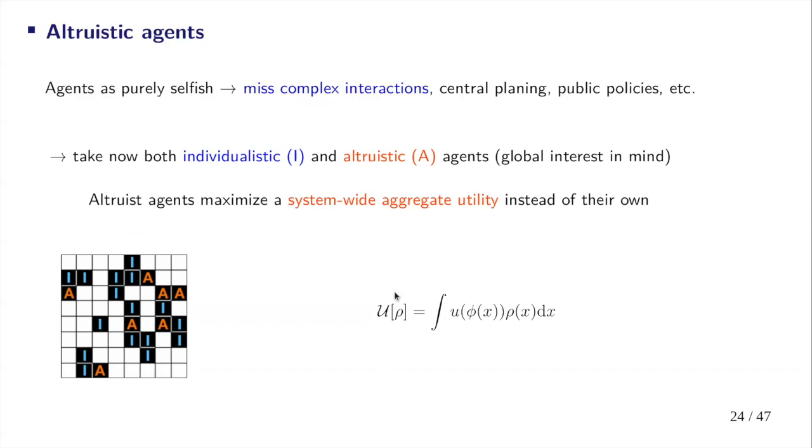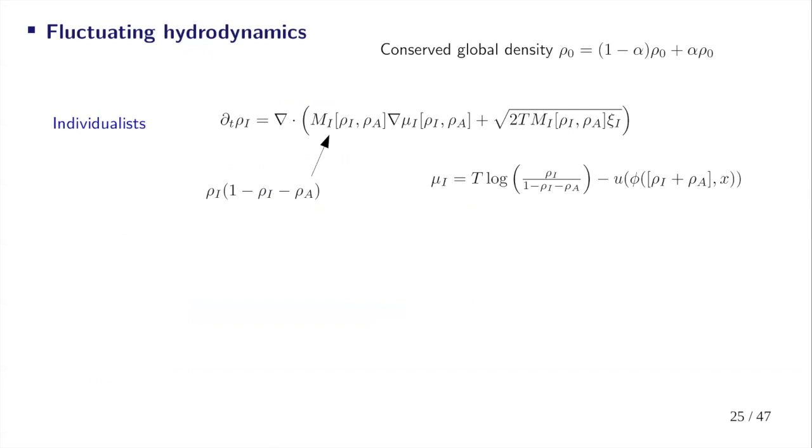So this utility is just the integral, just the sum of the total utilities weighted by the density. So this is a definition if you have a continuous system, but of course the definition would be exactly the same for the grid. And if you do so, you can rederive your hydrodynamics equations.